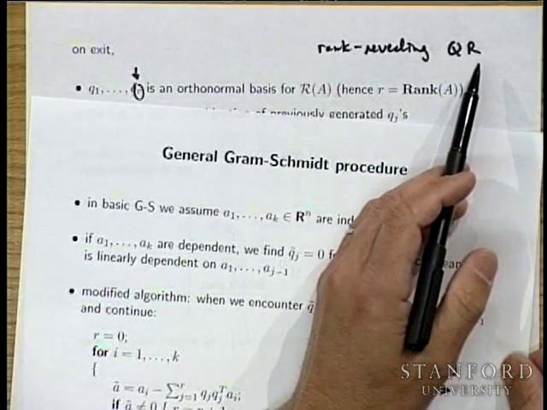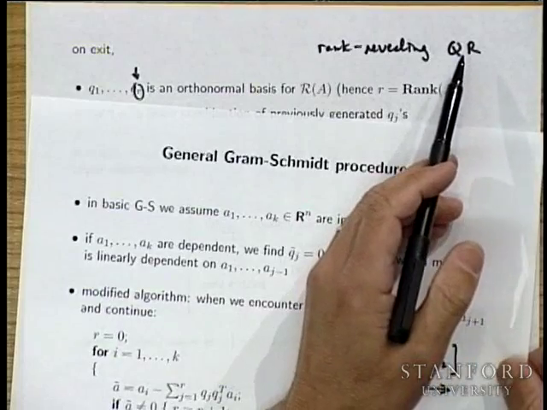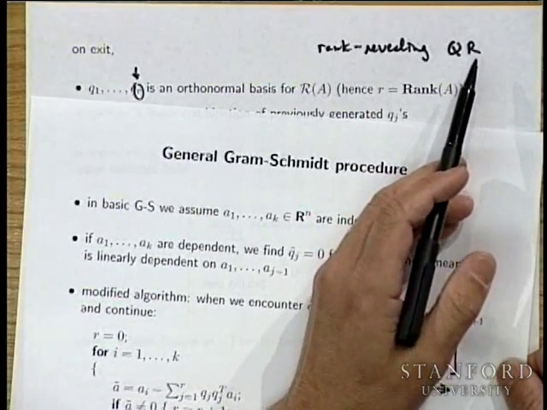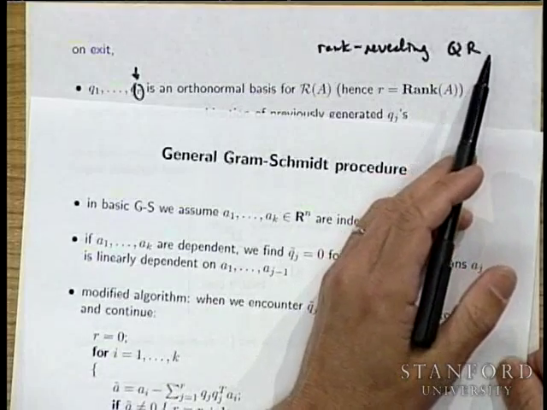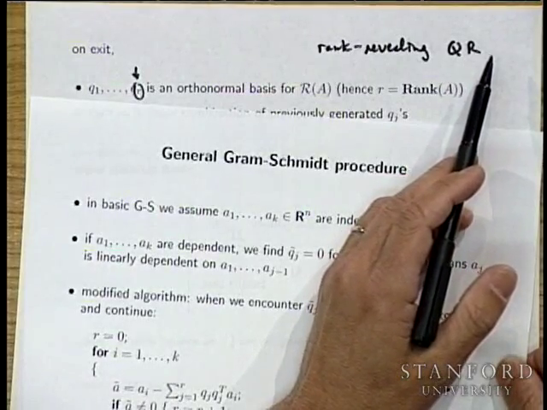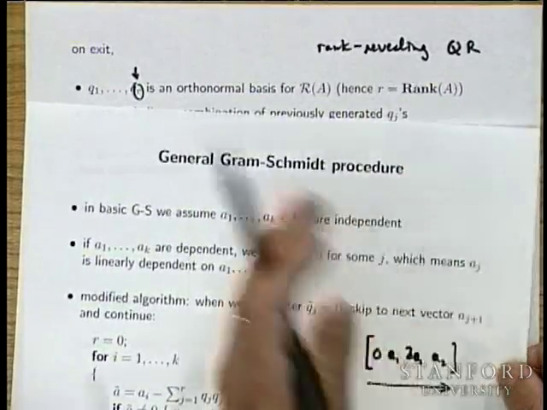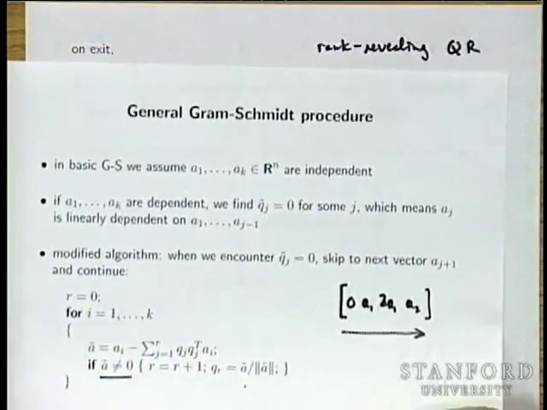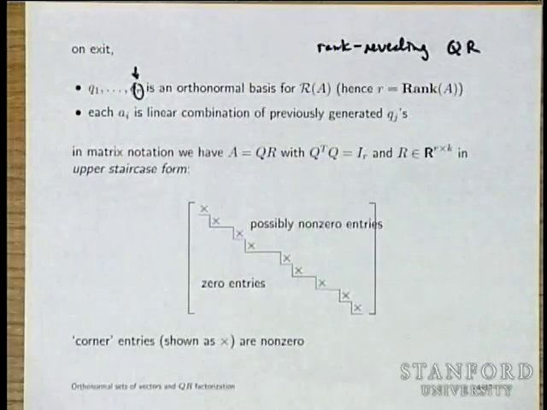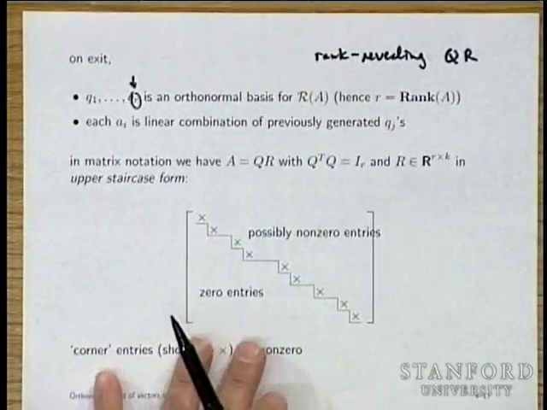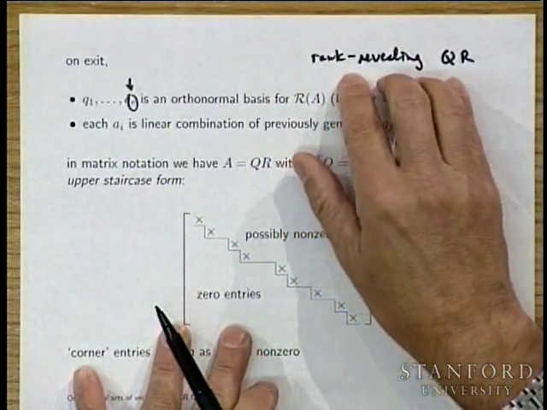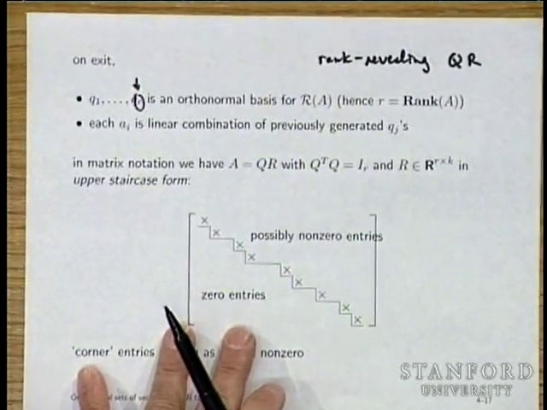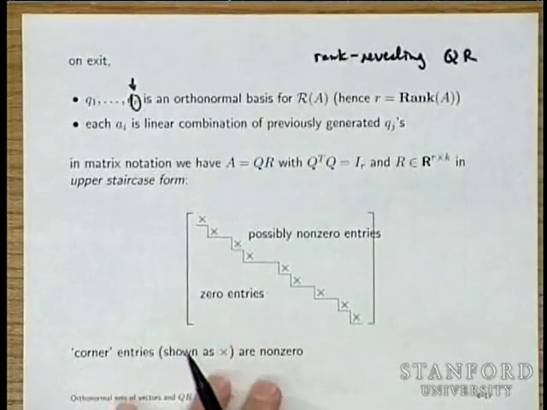You may have access to it, you may want to change it, you may want to know what it is. It is probably set very low, so low that it may be inappropriately low for engineering purposes. I mention this just because it's an issue. You really don't have to worry about it, but you should be aware that there is a tolerance in a real rank revealing QR algorithm.